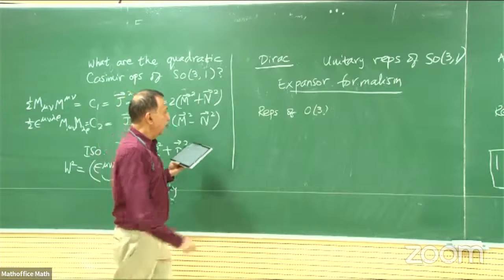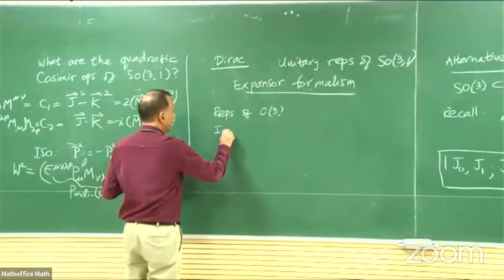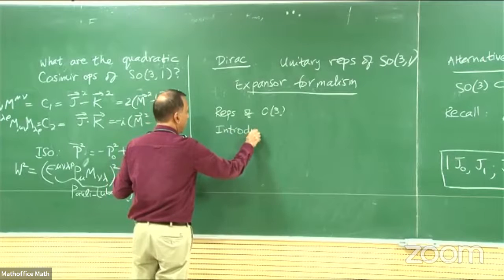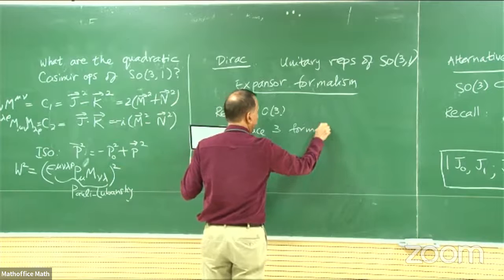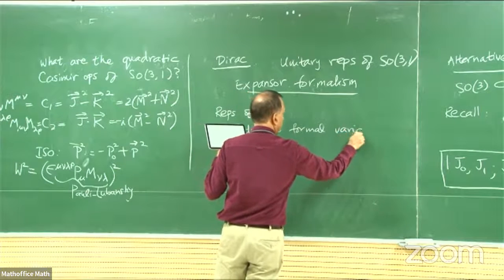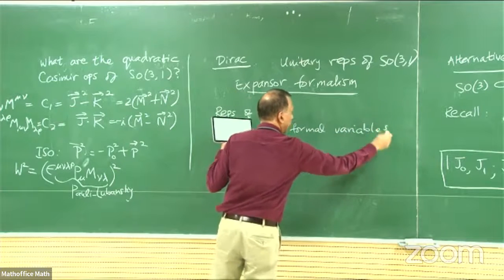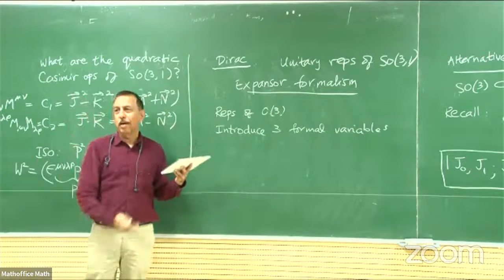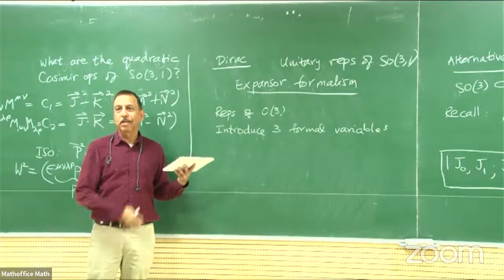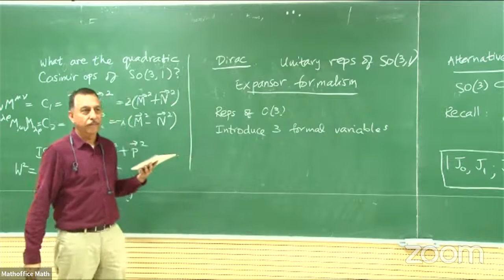So the first thing we do is introduce three formal variables. So you can take them to be complex numbers. We are never going to give them any values. The formal variable means we write functions of them and think of them as like generating functions or something.